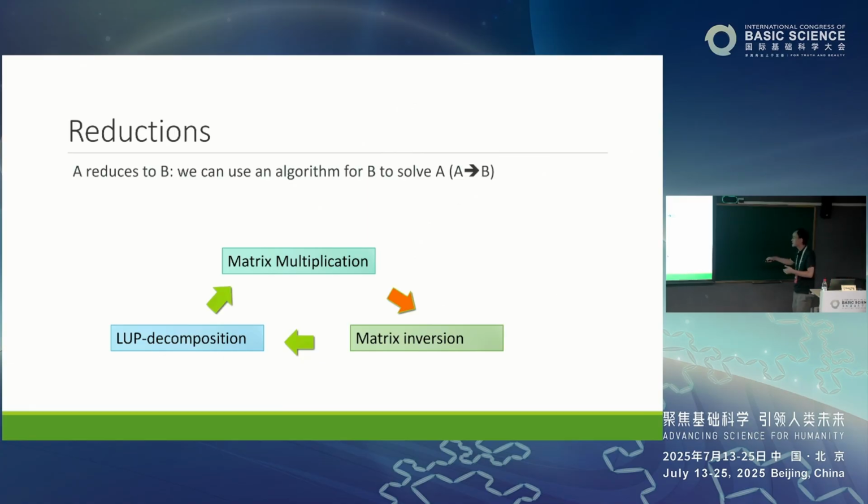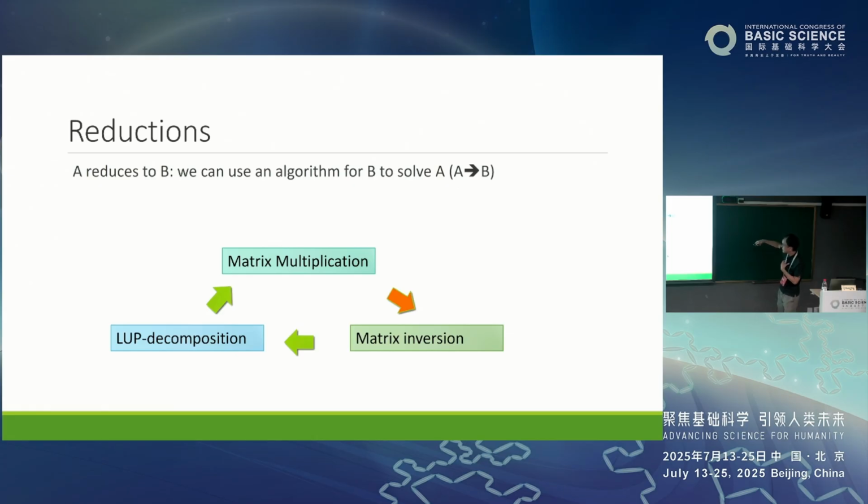So these three operations have the same time complexity n to the omega, because matrix inversion can be reduced to LUP decomposition, and LUP decomposition can be reduced to matrix multiplication.